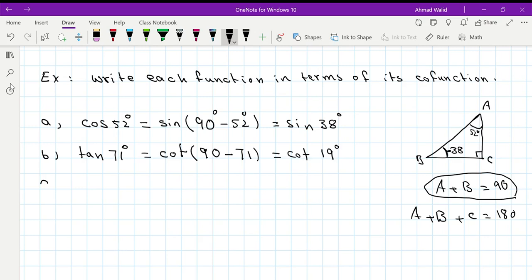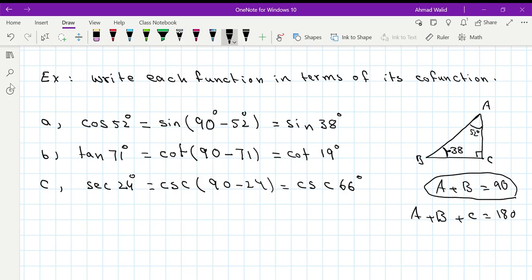Part C. Secant of 24 degrees. Then this one equals the cofunction of secant, which is cosecant, of which angle? 90 minus 24. Which gives you cosecant of 66 degrees. That's it.